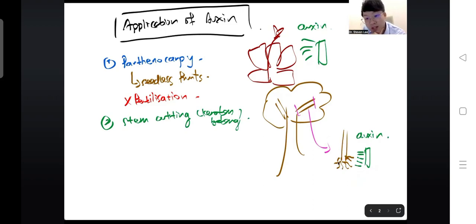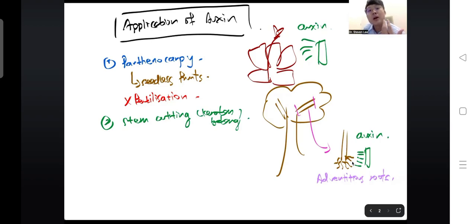So these roots are not the real roots of the plant, not like the tap root and things like that. No, these are the adventitious roots. I repeat, we call this adventitious roots. In Bahasa Melayu, we also call this akar adventitious. Later I will show you the spelling. So these roots function just like normal roots.